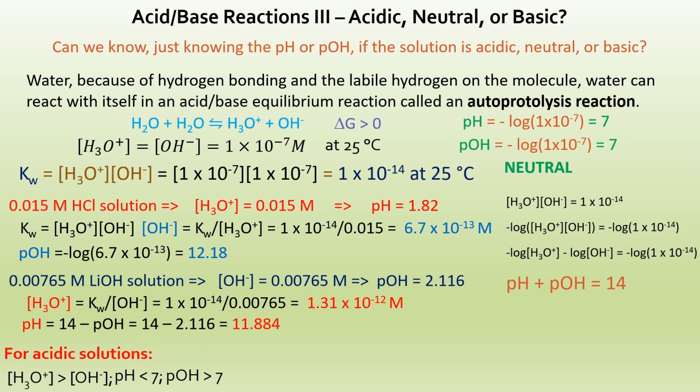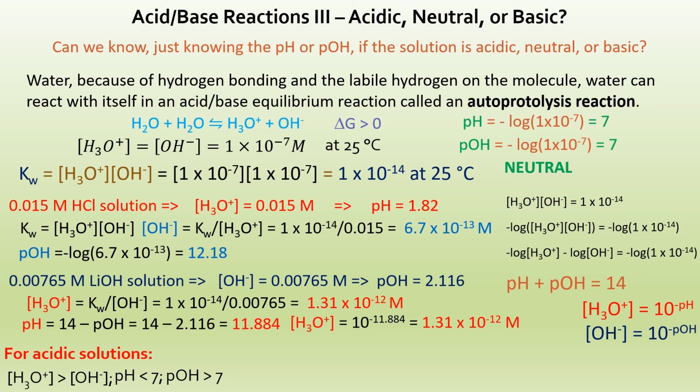The result is that the concentration can be obtained by simply taking the antilog of the negative of the pH, or H3O+ concentration equals 10 to the minus pH. A similar equation can be obtained for pOH: hydroxide concentration equals 10 to the minus pOH. We know the pH is 11.884, so we obtain a hydronium concentration of 1.31 × 10 to the minus 12th molar, just as expected.